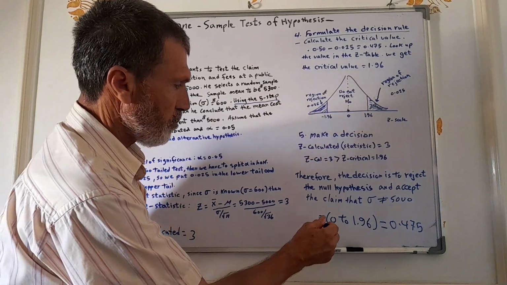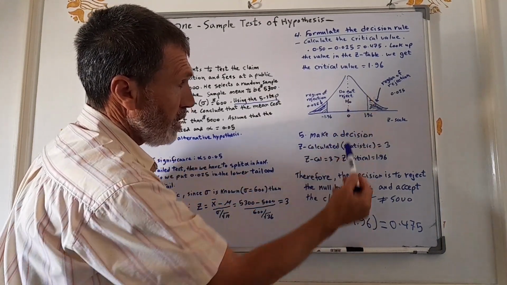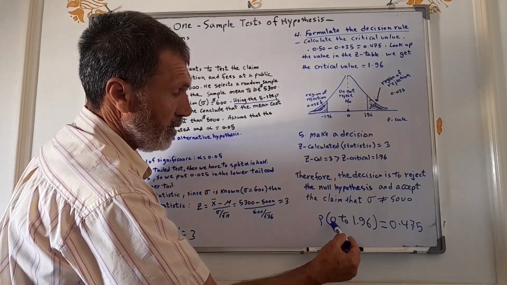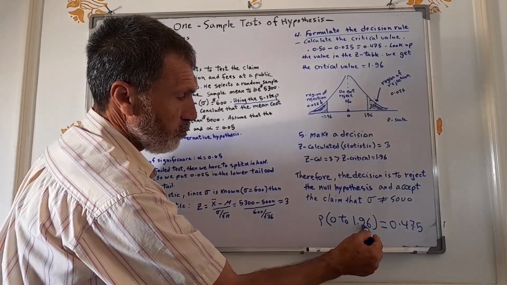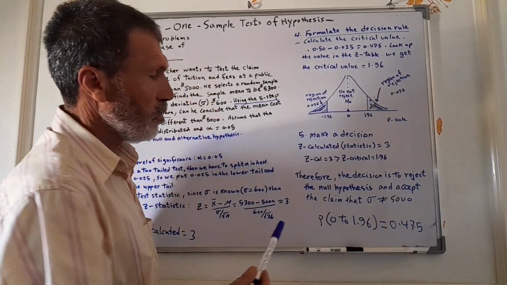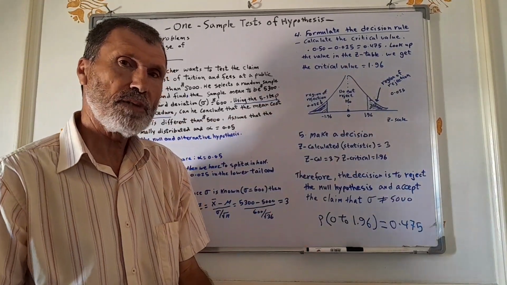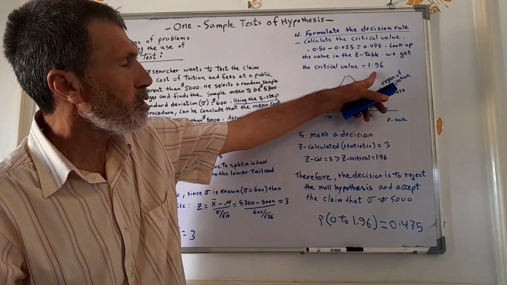So 0.475, if you look at the body of the table, you will come up with 1.96.